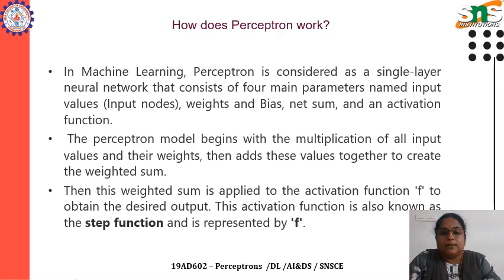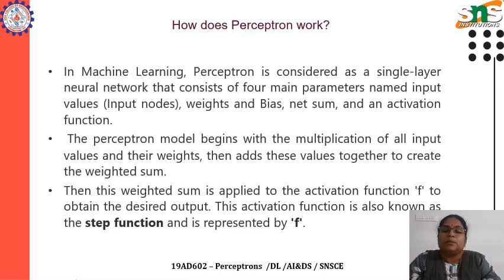So, in machine learning, we already discussed perceptrons are considered as a single layer neural network that has four main parameters which I already explained in my last video: the input values, also called nodes, weights, bias, net sum and activation function. The perceptron model begins with all input values with their associated weights.